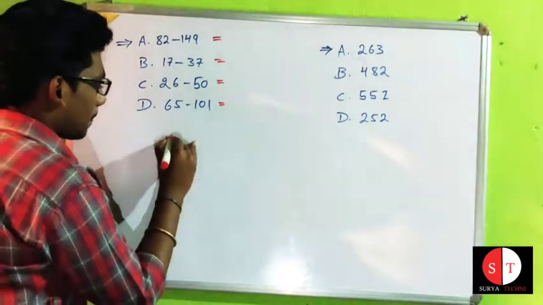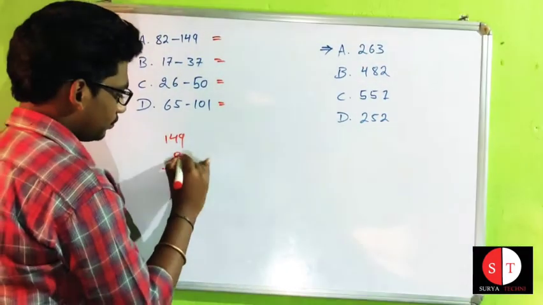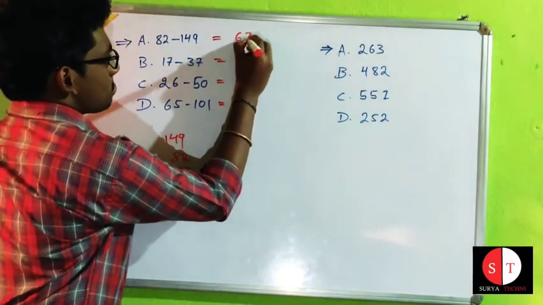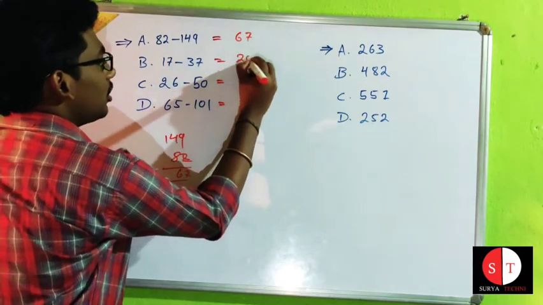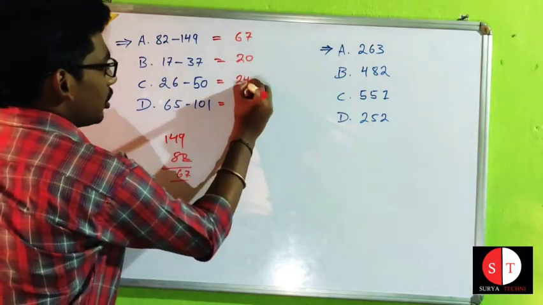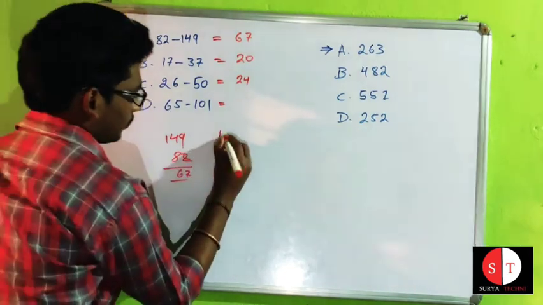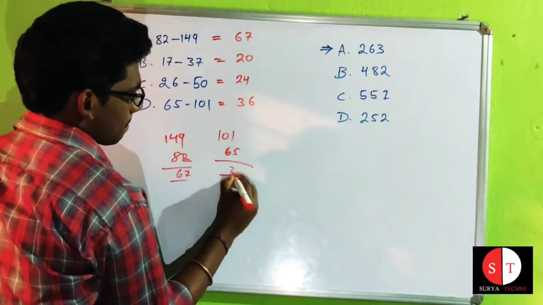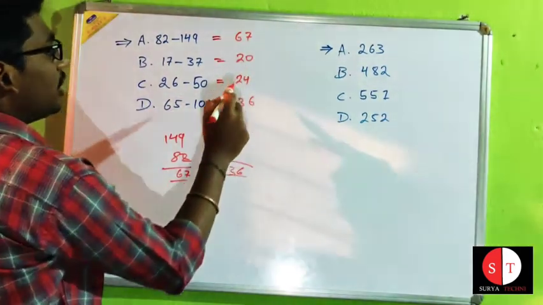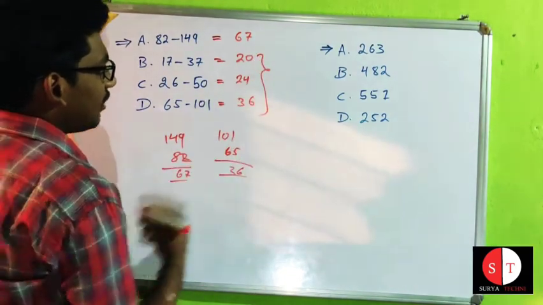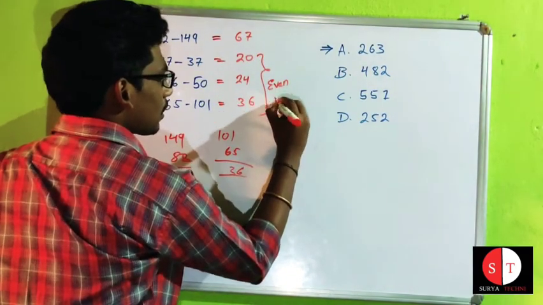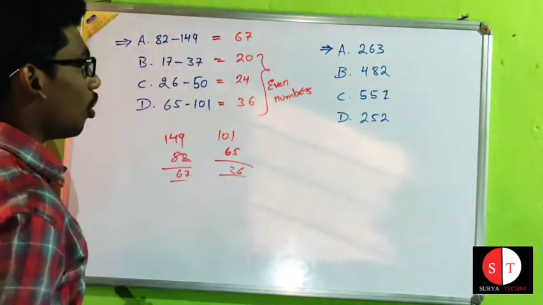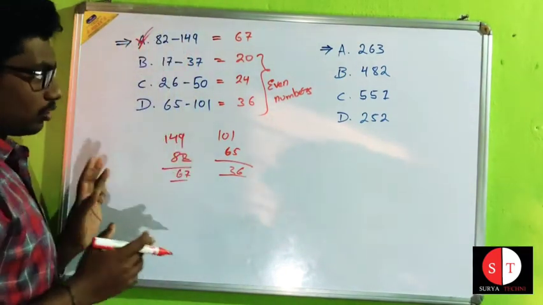So 149 minus 82 is obviously 67. 37 minus 17 is 20, 50 minus 26 is 24, 101 minus 65 is 36. Okay, 20, 24, 36 are all even numbers. 67 is an odd number, so option A is the odd one, the different one.